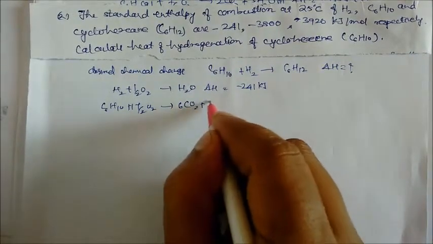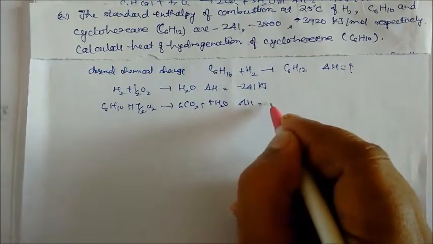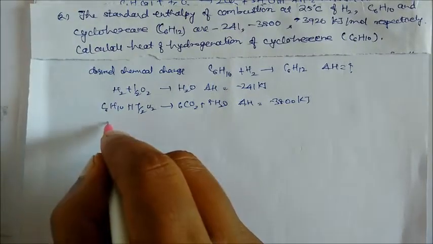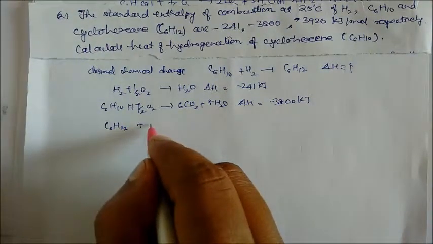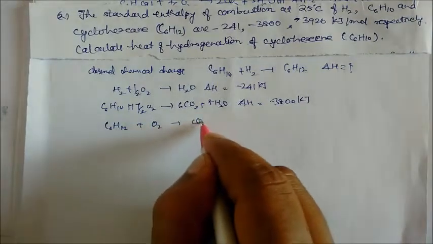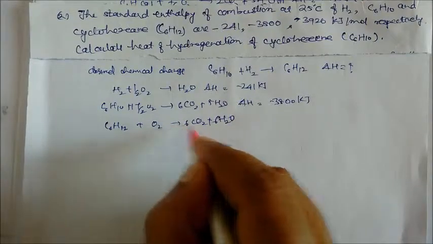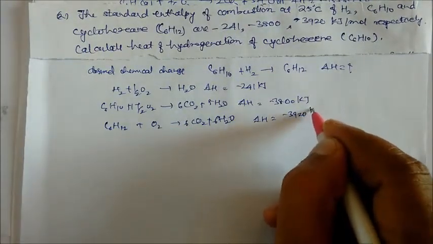Delta H is given as minus 3800 kilojoule. Next is cyclohexane C6H12 plus O2, which gives again CO2 plus water. Just balance it, 6 and 6. Here delta H will be minus 3920 kilojoule respectively.